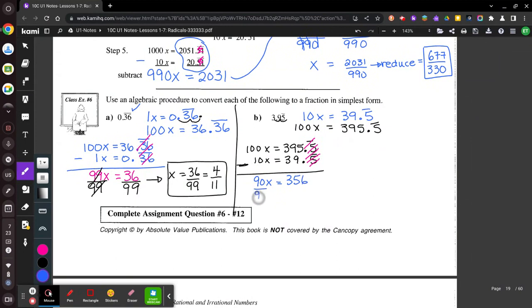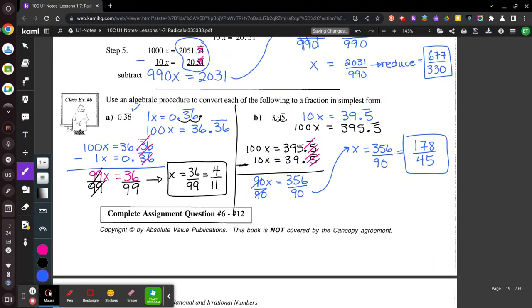Solving for x, I divide out the 90 to both sides. I'm going to get x is equal to 356 over 90, which can be reduced to 178 over 45, which is what we got on the previous page.